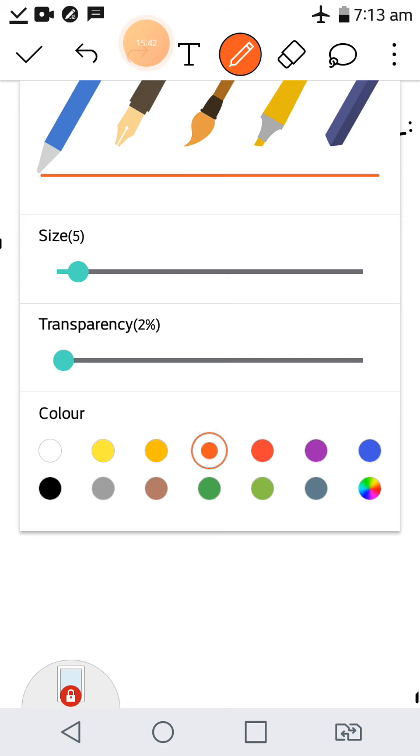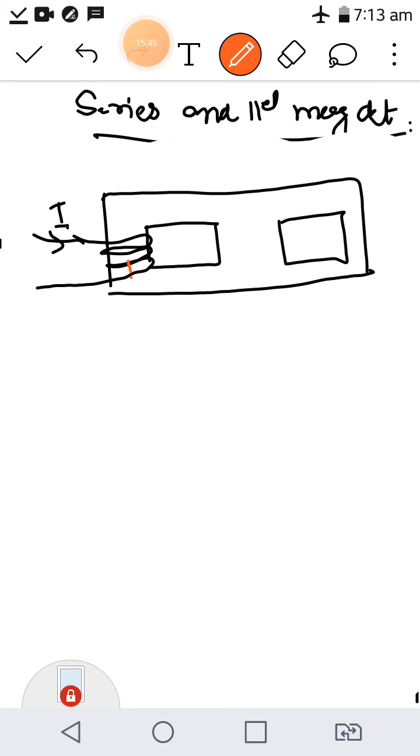You can see that the flux will be set up here because of the current. Let me assume this is flux phi1. When phi1 reaches here, it has two paths to follow. It can flow in this way, phi2, and another flux phi3 can take the other path and continue like this.